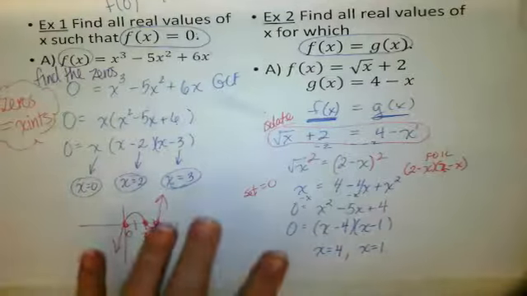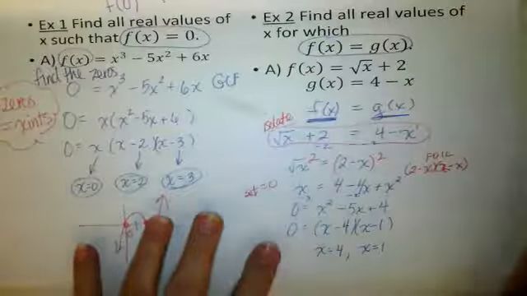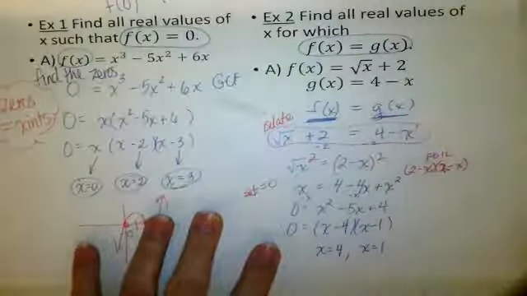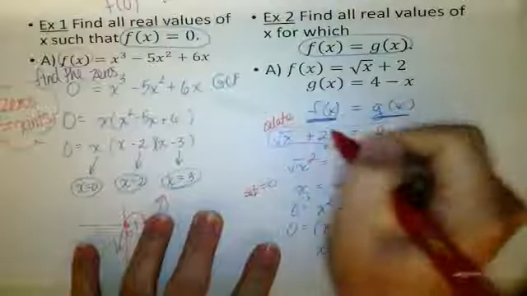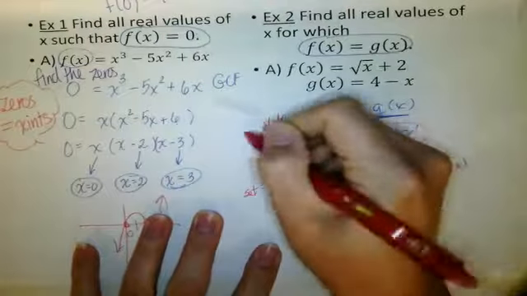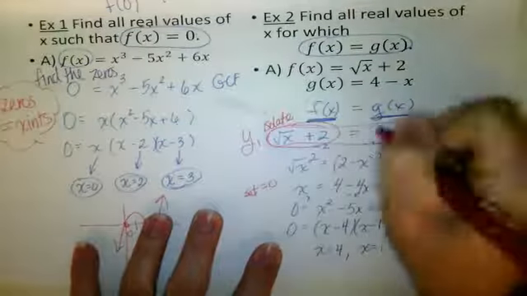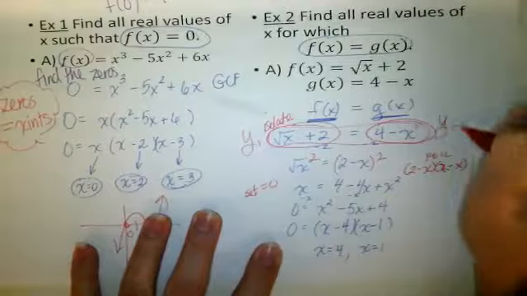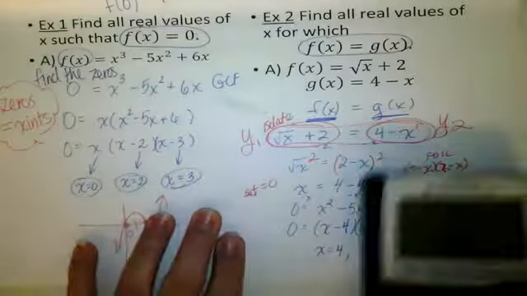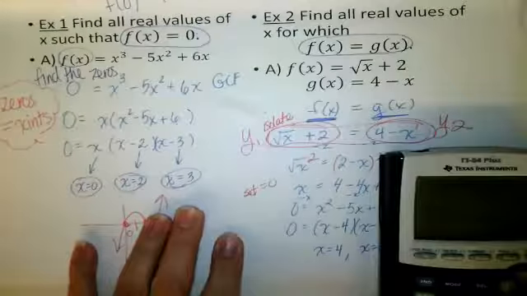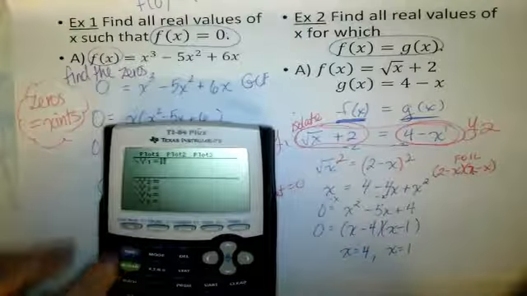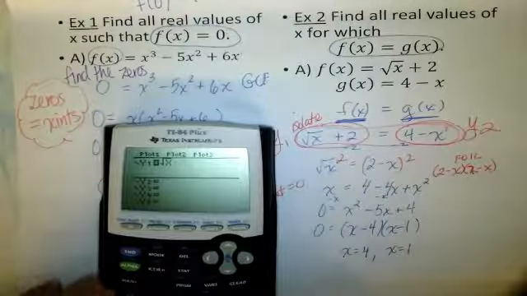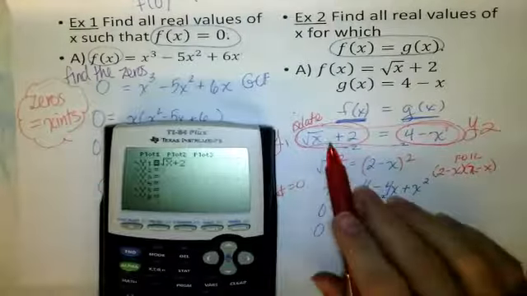So again, when in doubt, the best way to check this is to use your calculator. So I'm showing you something incredibly useful right now. Anytime you're solving an equation, you can put the left side in y1 and the right side in y2. So that's what we're going to do. So take your calculator and we're going to type in the square root of x plus 2 in y1.